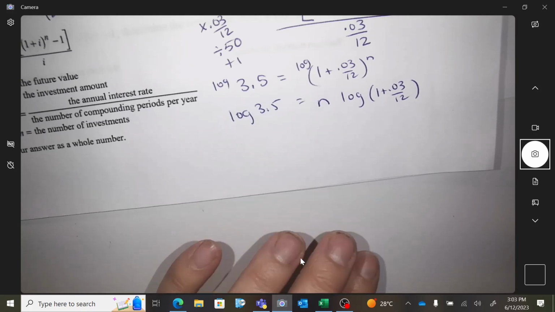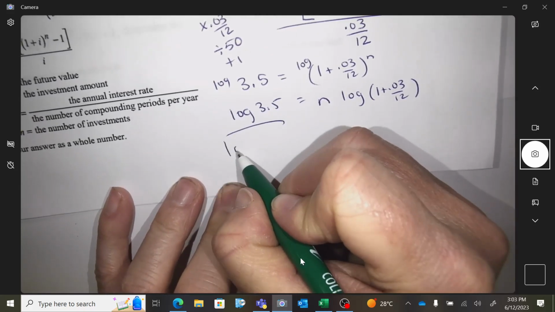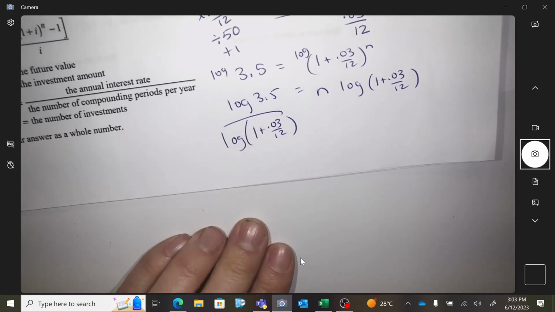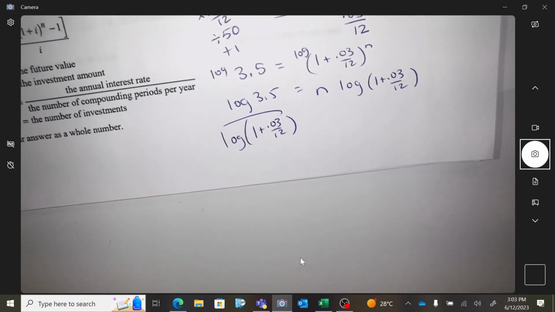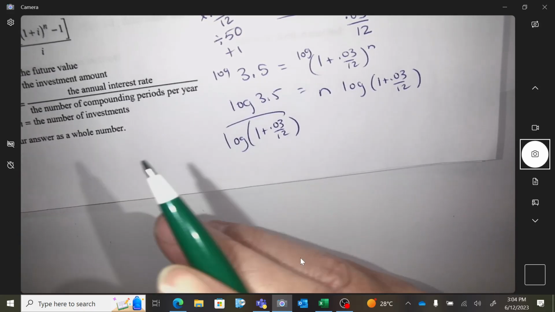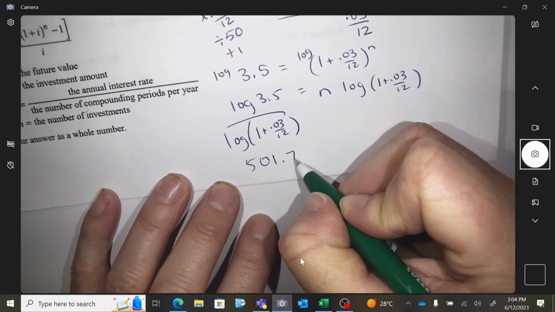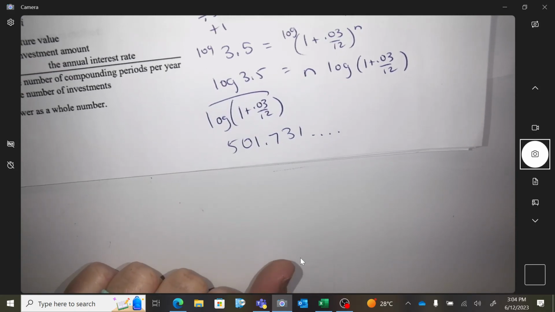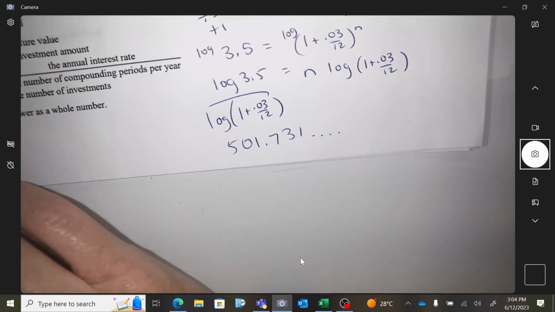Because you're dividing by log, that starts right there. So 501 and change.